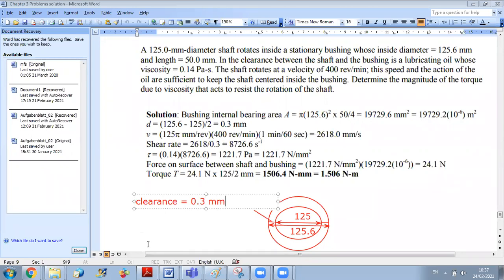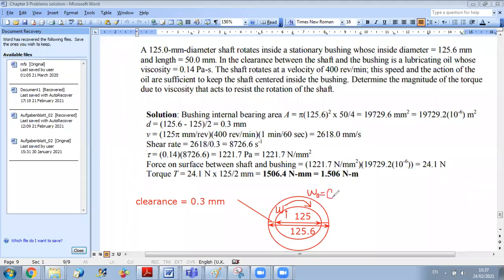Okay. Now what is happening is that the inner shaft is rotating at 400 revolutions per minute. So omega is given. I will call it omega inner, is given to be 400 revolution per minute. Now omega outer is 0 because it's a stationary bushing.